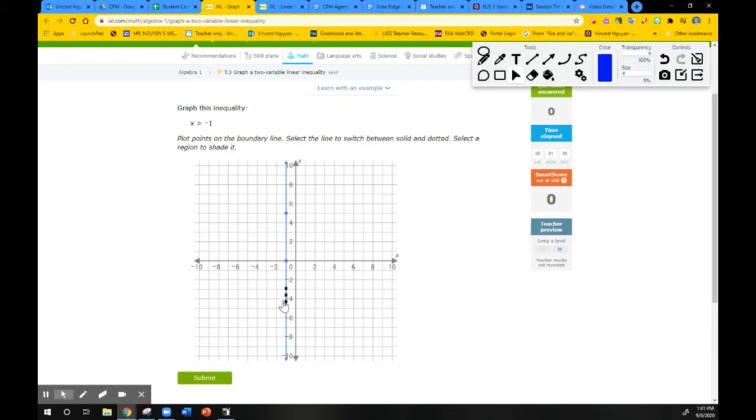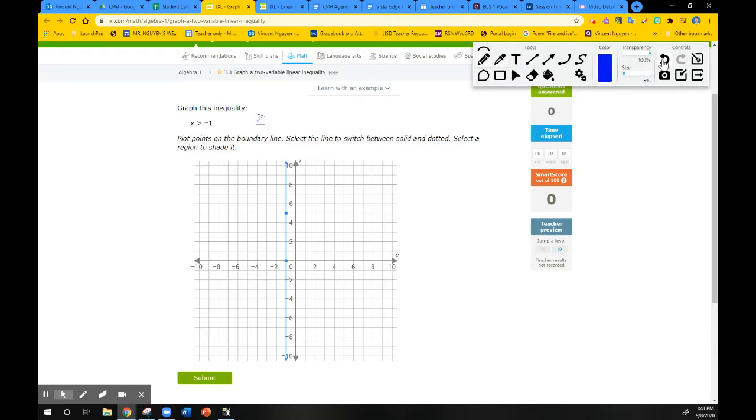Now, when I do that, it's going to give me a solid line, as if this was an equation. Notice my inequality does not have the equal sign. It does not look like this. This would have been greater than or equal to, but this just says greater than only.